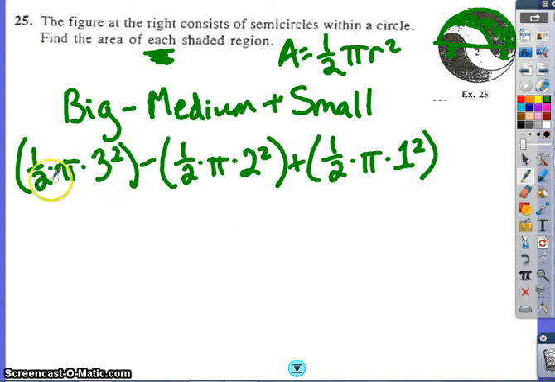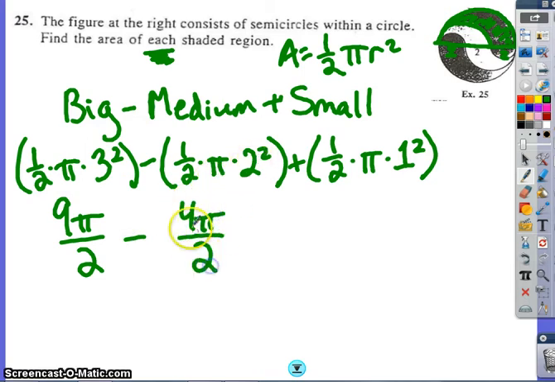If I solve this out, I'm going to have halves in all of these, so I'm not going to cancel them out because I'm adding and subtracting fractions in a second. So I'm going to get 9 pi over 2 minus 4 pi over 2. Again, I'm not going to simplify that because I've got to deal with these fractions. Plus 1 pi over 2. To solve fractions, we just do the tops.